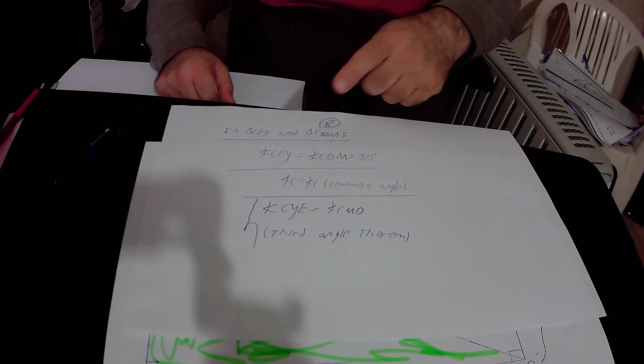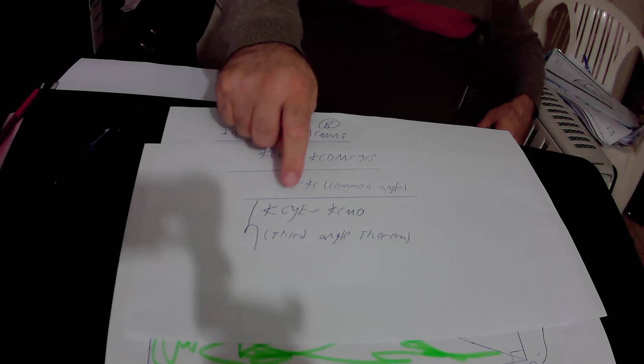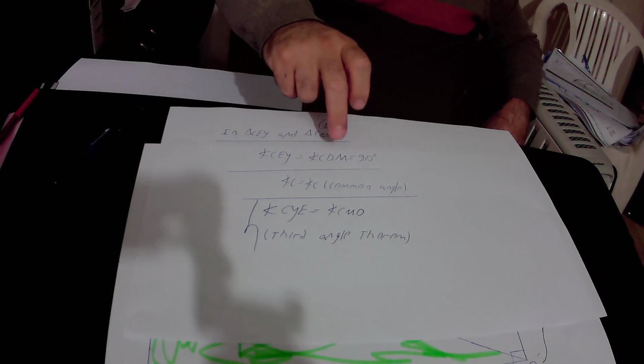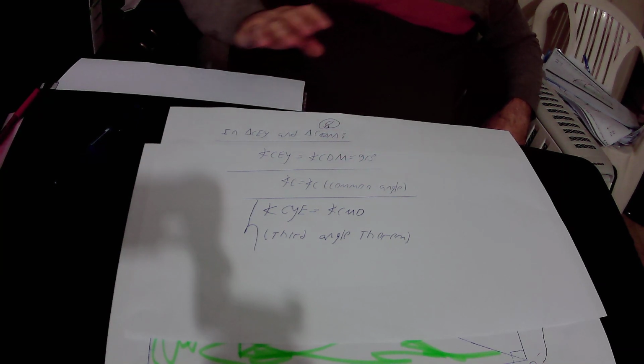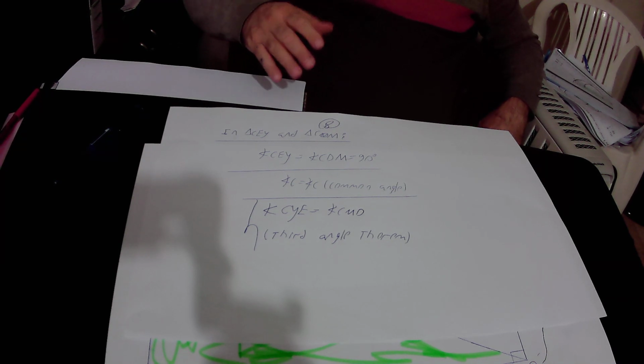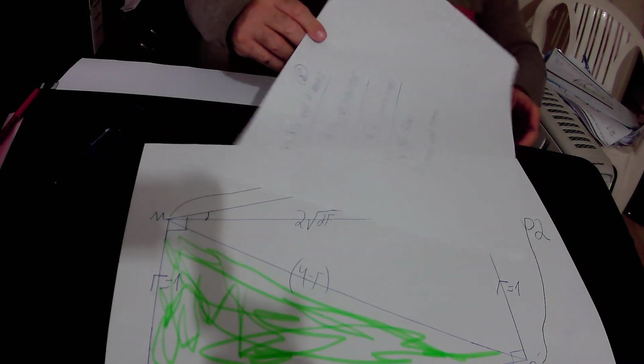So we actually proved that all three angles of triangle CYE are congruent to all three angles of triangle CDM. Therefore, we proved that triangle CYE is similar to triangle CMD according to the angle similarity rule. So I will write it down.